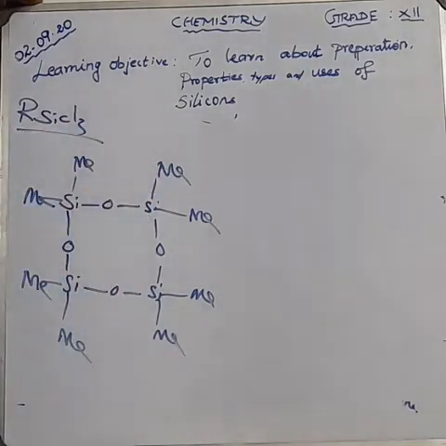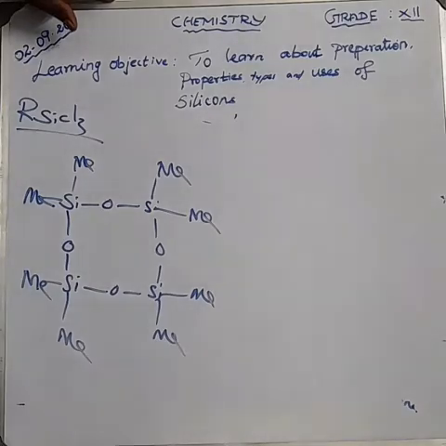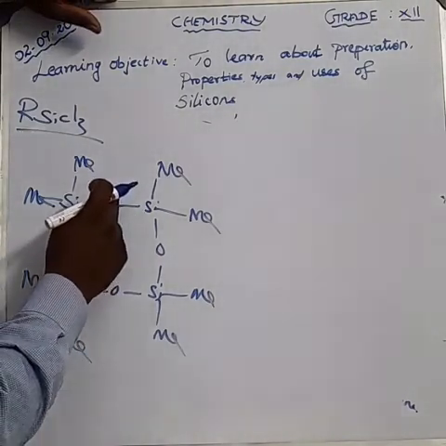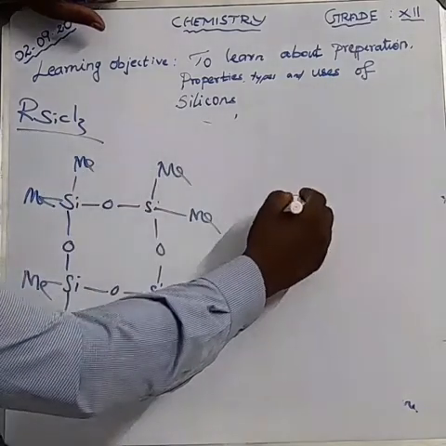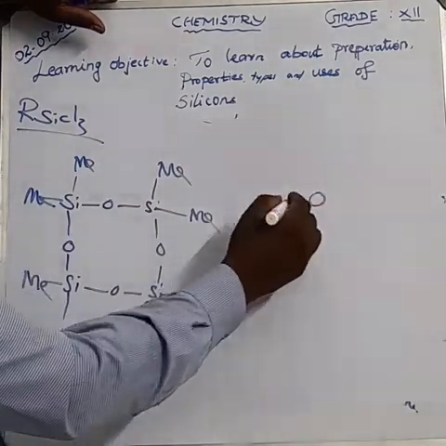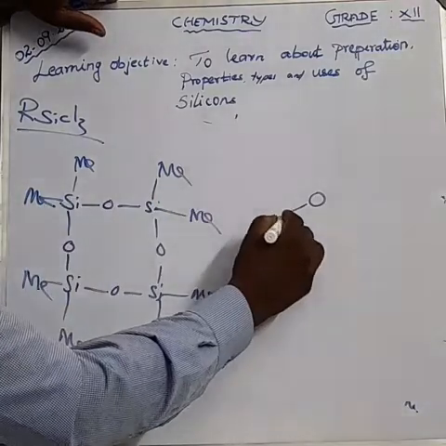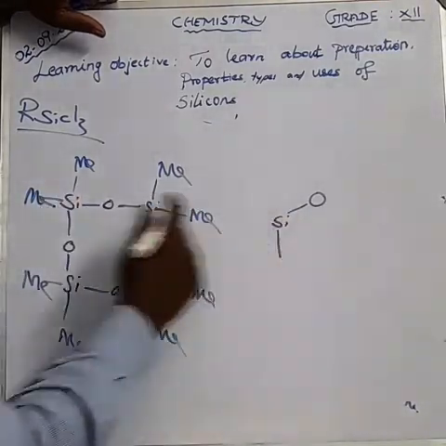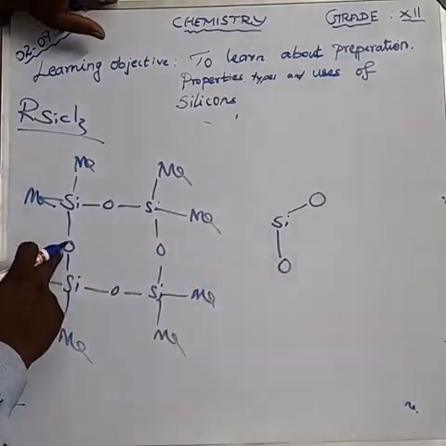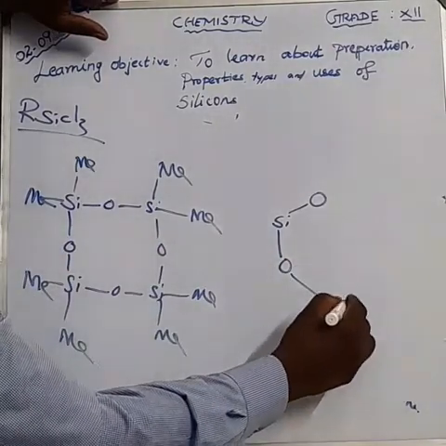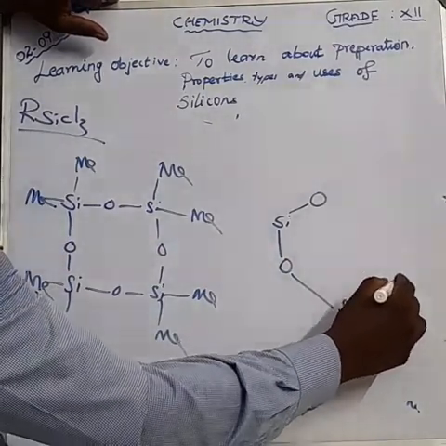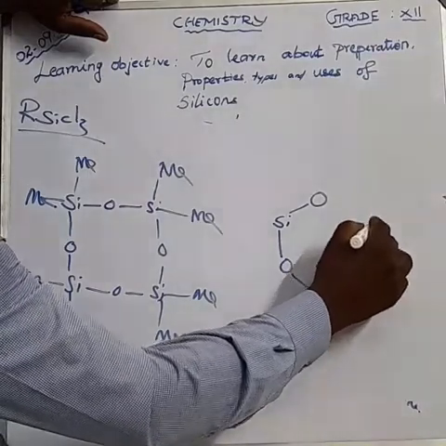Next, we are taking a benzene-ring-like shape. How can you write the benzene ring shape? Just take the oxygen upwards, oxygen in the center. Next element, Si, silicon. After that, oxygen, then silicon, oxygen, silicon, oxygen.